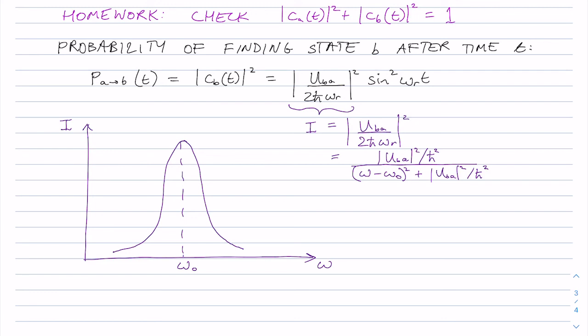When omega equals omega naught, you have the maximum driving from A to B. If omega is far from omega naught, you're far from the natural frequency, then you have an inefficient drive from A to B. So this really does look like a classical kind of driven oscillator.